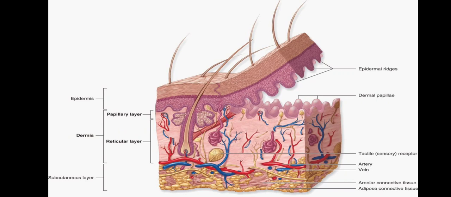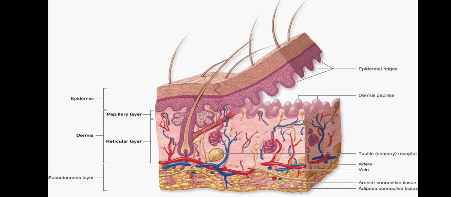So, as I've said earlier, our skin is divided into 3 layers. First, the epidermis, the dermis, and the subcutaneous layer.